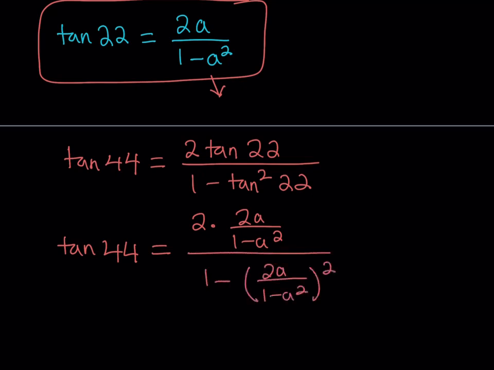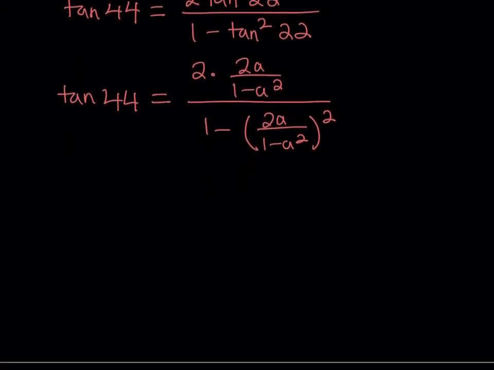In other words, I'm finding tangent 44 in terms of tangent 11. So it's kind of like a quadruple angle formula. Let me simplify this, and then I'll tell you what we're going to do from this point on.